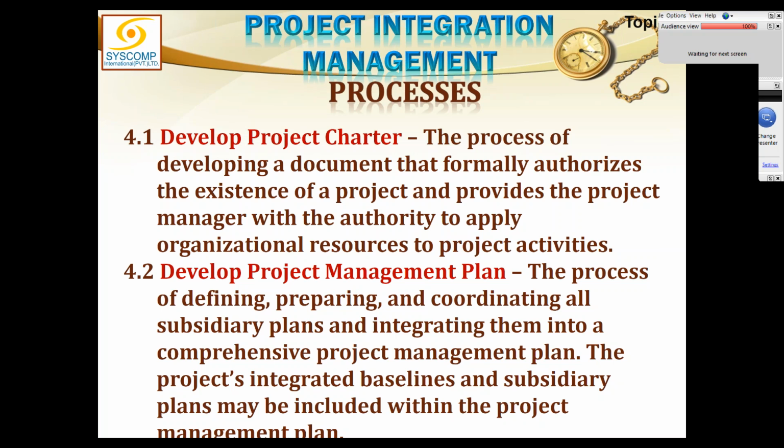So there would be at least 9 plans, but actually they are more than 9. You see, in scope, we have not one management plan, we have two management plans. We have scope management plan and the requirements management plan. That makes 10. Then in quality, we have again two management plans. One is called the quality management plan. The other is called the process improvement plan. So this makes 11.